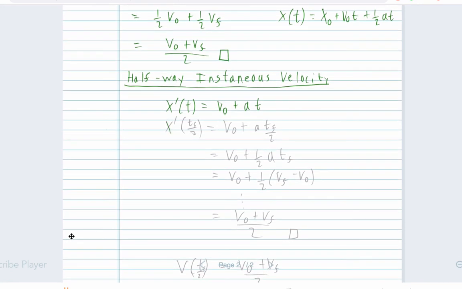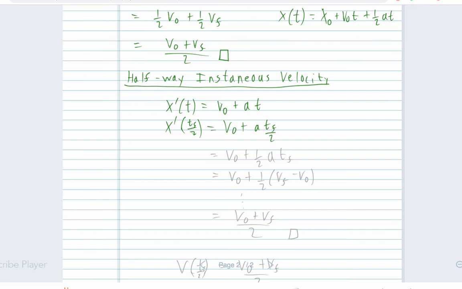Okay, so if we're trying to find x prime of t final over 2, we can just substitute, which becomes really easy, because it's just 1/2 a t final over 2. Now we have the exact same thing as before.